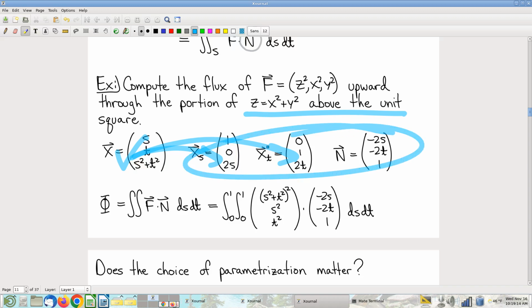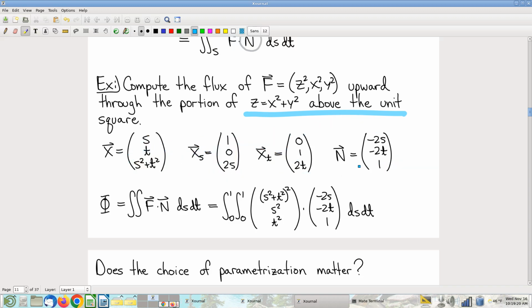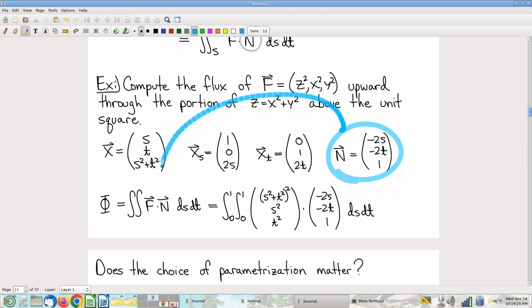I'm skipping over a bunch of algebra here, right? Again, this is stuff that y'all should be able to do. And then you don't even have to take a magnitude, right? This capital N vector is the thing that you dot the vector field with, and you get a single variable integral, and off you go. Okay, so that's where we left it off last time.